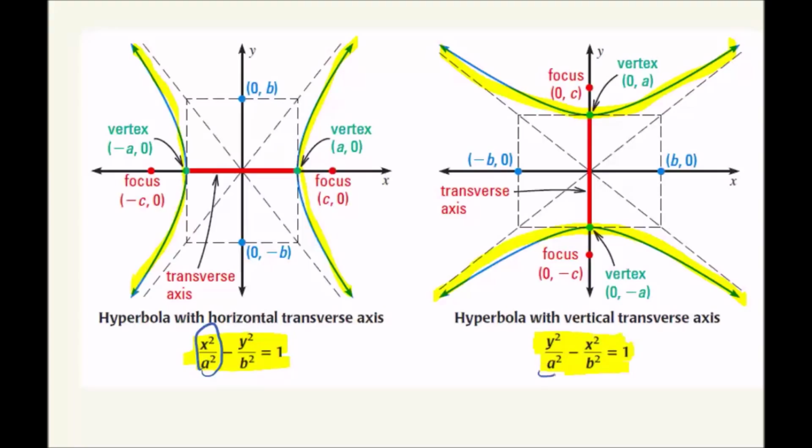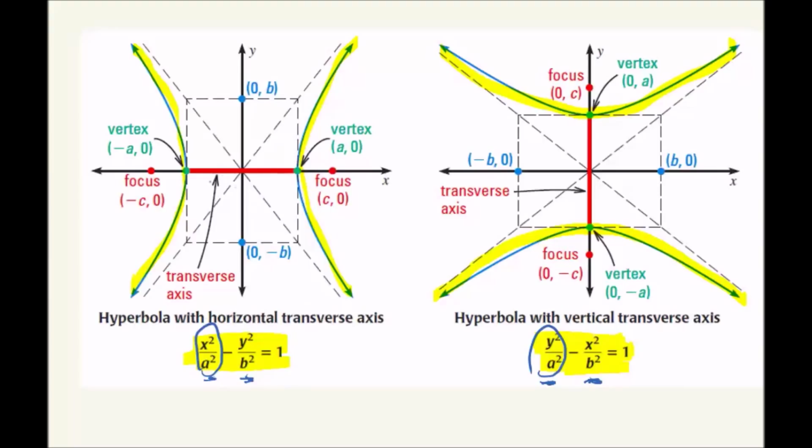On the right one, it's the y squared term that's positive, and it's subtracting the x squared term. So the a and b stay in the same locations. For ellipses, they switched around, but for hyperbolas, a and b stay in the same locations, and we just switch the x and y. So how are you going to remember which one is which?